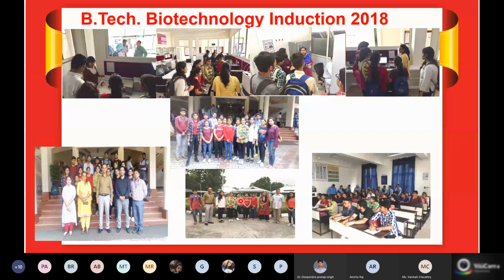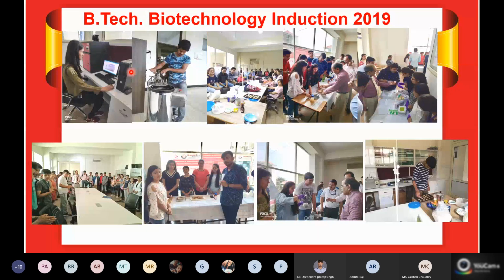This is the visit of 2018 induction students to WII. And then in 2019, a student is working on the microscopic system, observing some yeast. This is an autoclave. The students learn in the food tech lab to prepare different types of nutritious food.